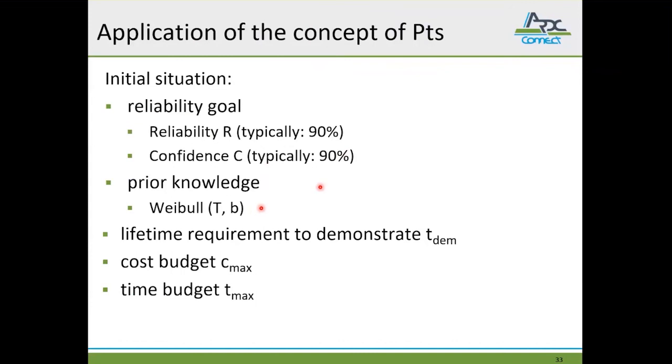Then we have a lifetime requirement that we want to demonstrate, which you get from your system reliability or lifetime requirements and your component requirements. And then we have a cost and a time budget that we want to consider.